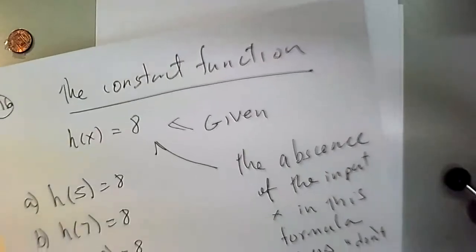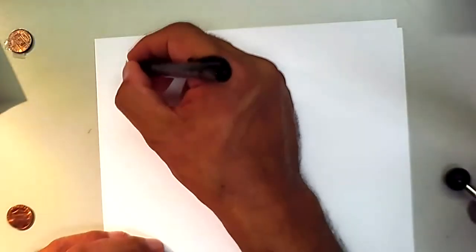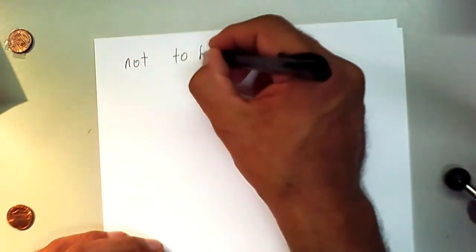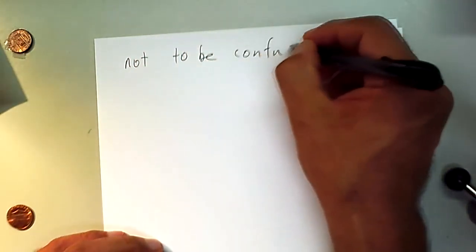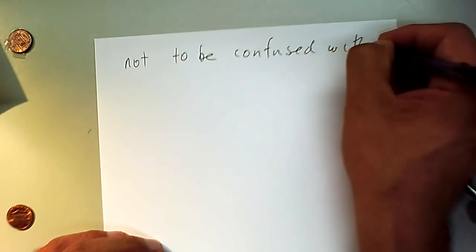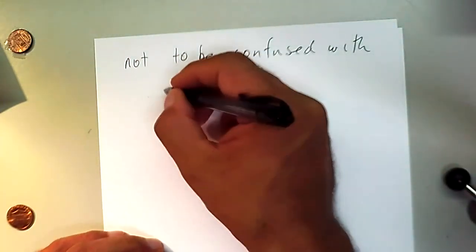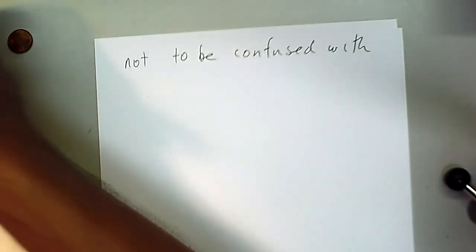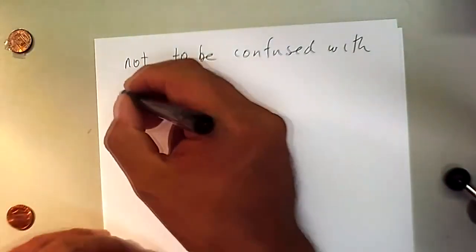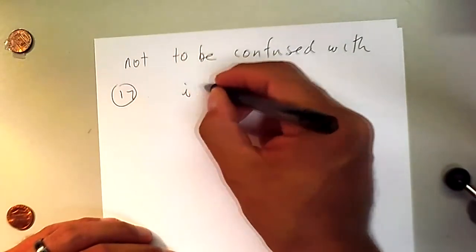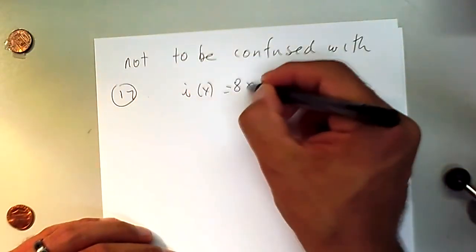It's so simple, it is confusing. And just one more, since we're talking about that, not to be confused with h. So this is an example, 17. i of x equals 8x.